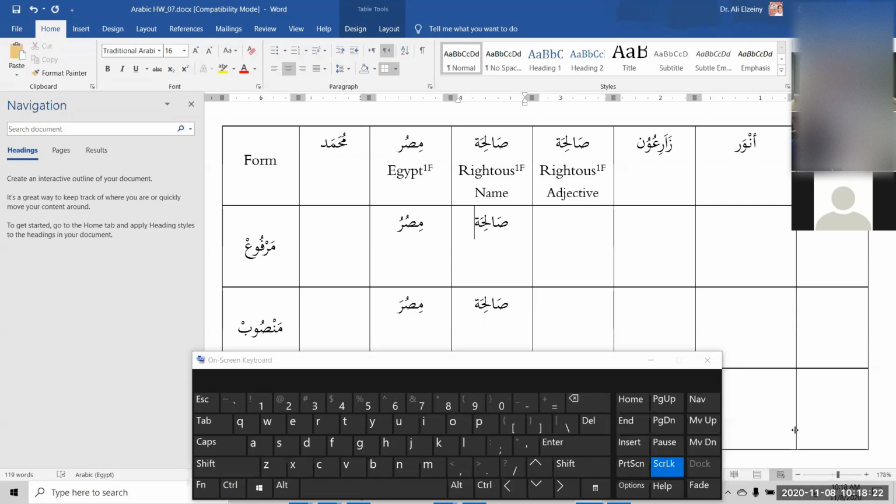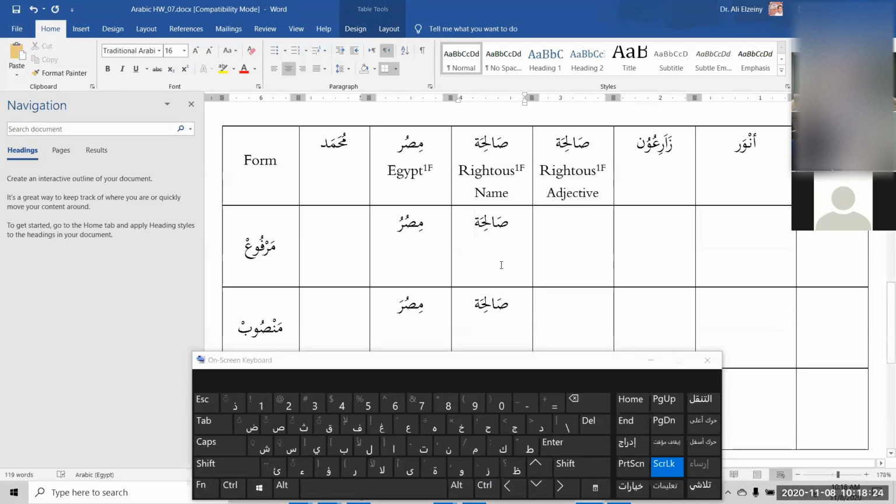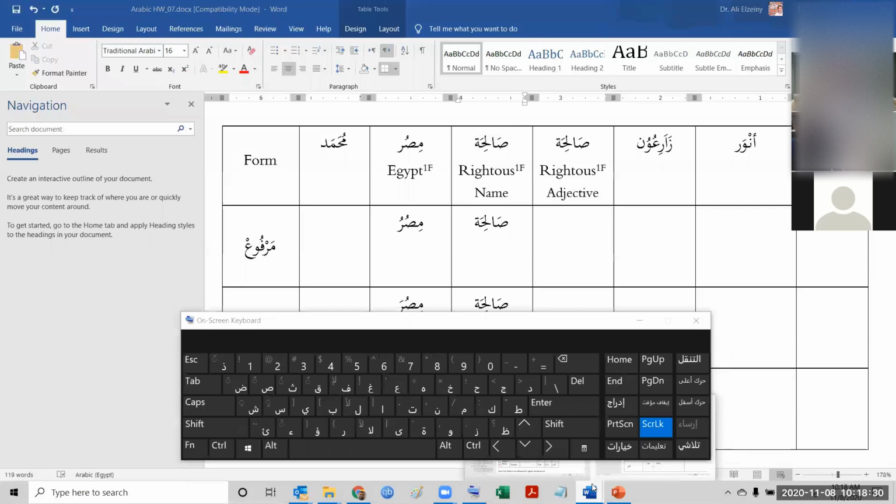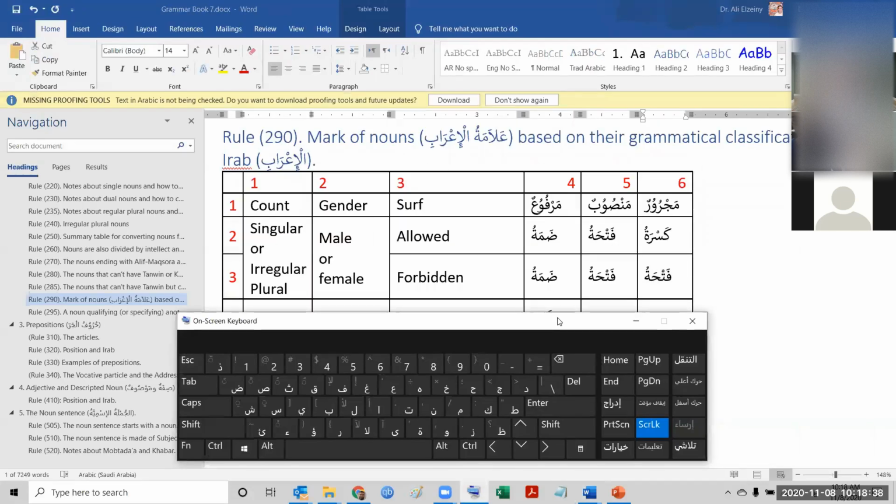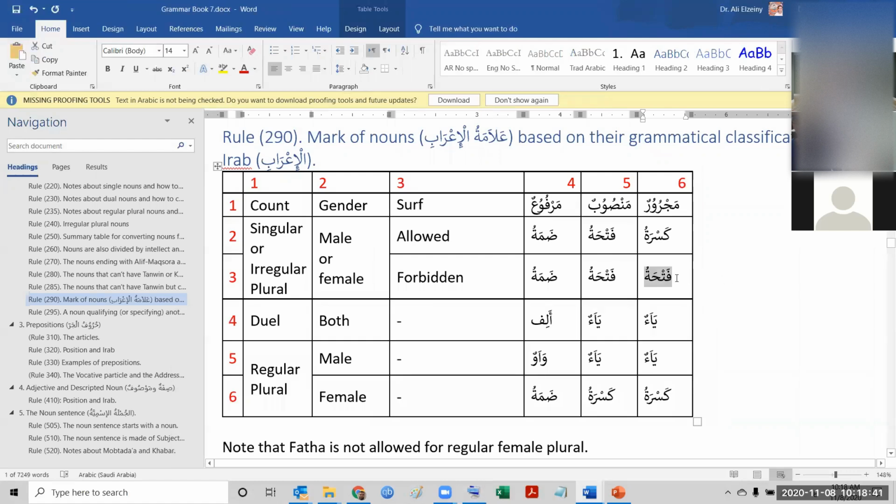So I cannot have tanween. If I go back to the book of rules, I see that singular female is dhamma, and if the sarf is allowed, it is dhamma, fatha, kasra. But this one, because it's the name of a girl, it's not allowed, so it's dhamma, fatha, fatha.